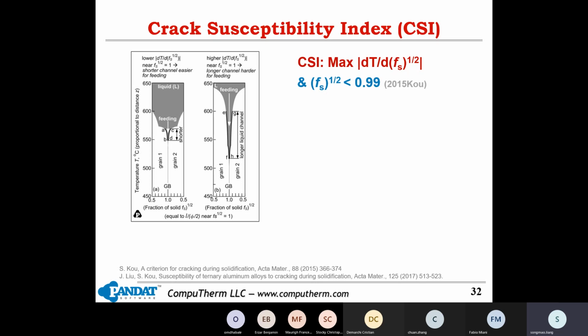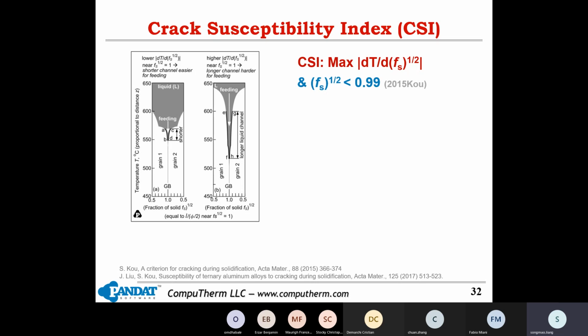But at the same time, in some alloys, dT/d√fs could continue until the very end of solidification. But actually, at a certain point, the crack susceptibility could end, even though some liquid still exists. So Professor Ko proposed that the square root of fs should be less than 99%.